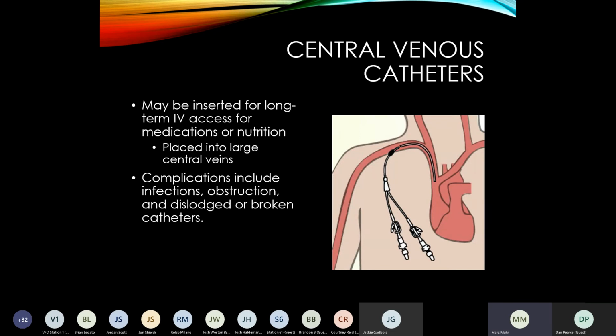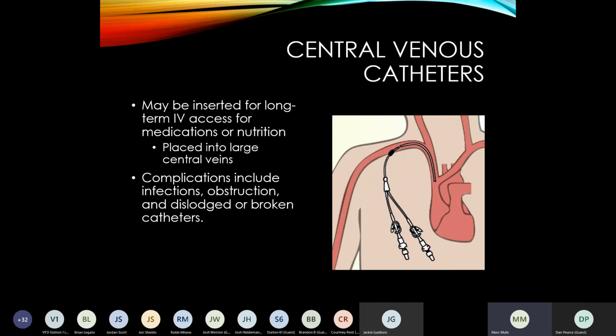Central venous catheters, oftentimes placed in the right anterior chest, are used for long-term IV access for medications, typically placed into a large central vein. Complications with these are infections.